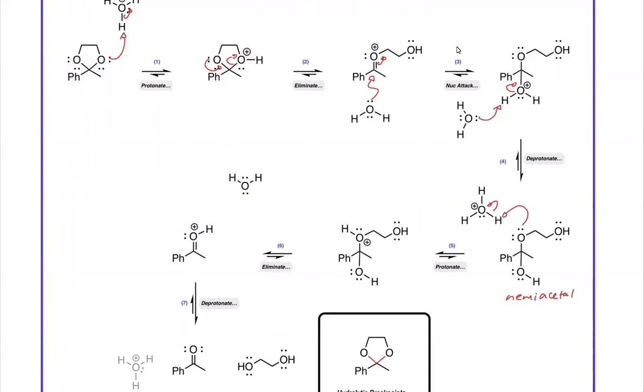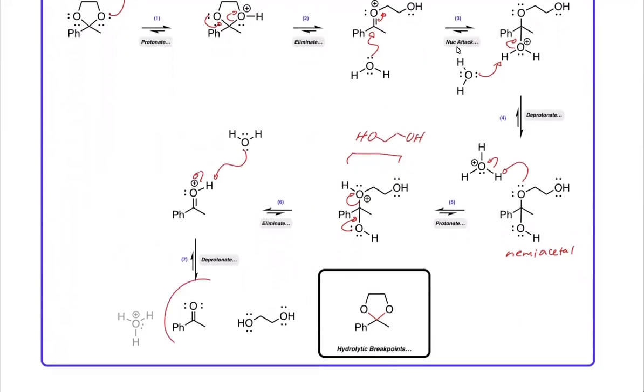Once it's protonated, that could then leave as a 1,2-diol neutral alcohol leaving group. And to kick it out, I would have to fold down a lone pair from my neutral OH component to form a pi bond. And that would then expel a neutral 1,2-diol alcohol leaving group. From there, we have one more step, and that's deprotonating the carbonyl oxygen to form a carbonyl compound.